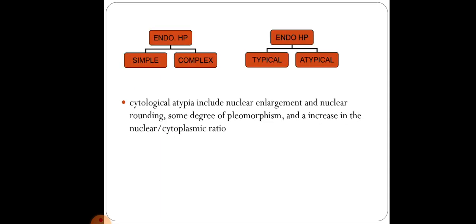So basically endometrial hyperplasia has two types of classification. One is simple endometrial hyperplasia, another one is complex endometrial hyperplasia; typical endometrial hyperplasia and atypical endometrial hyperplasia. Cytological atypia includes nuclear enlargement and nuclear rounding, some degree of pleomorphism, and an increase in the nuclear cytoplasmic ratio.